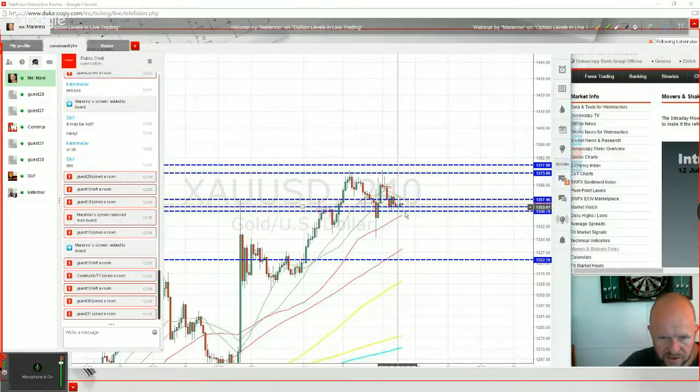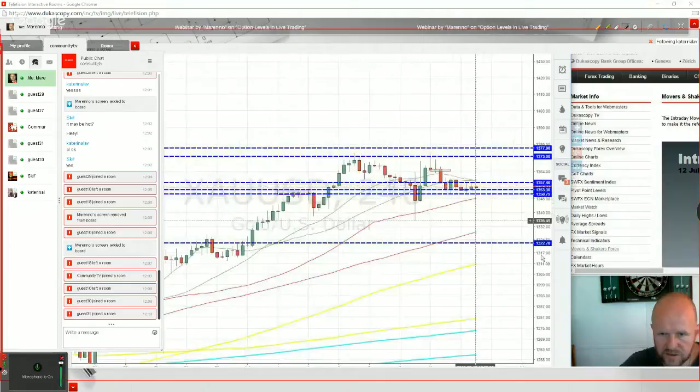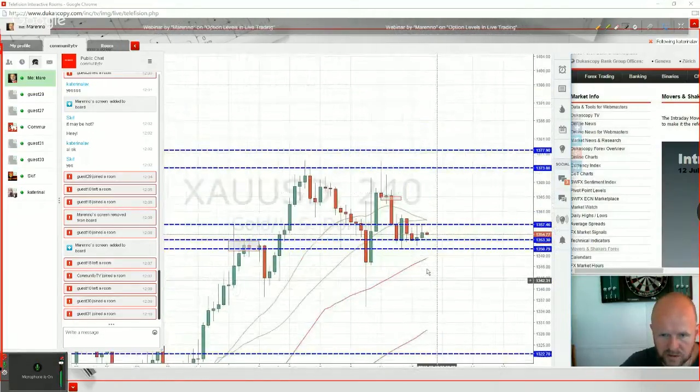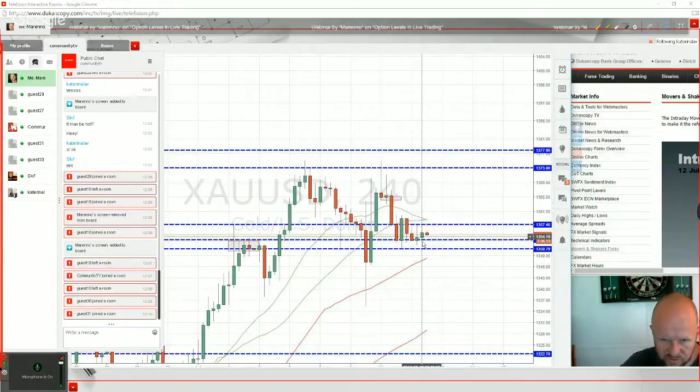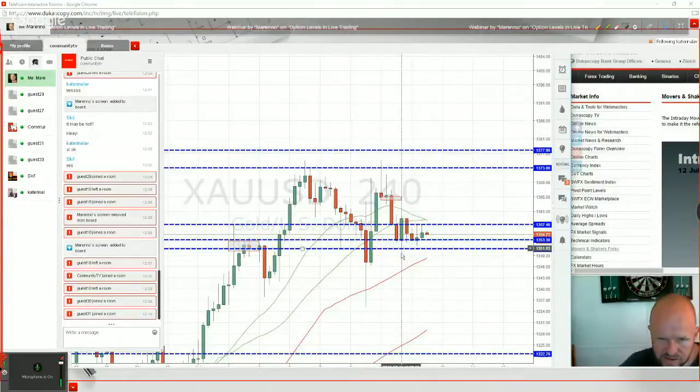We do have a small sort of confirmation, but what I don't like is that this low here is not triggered yet. Normally the low must be triggered first, then the price does the reversal.